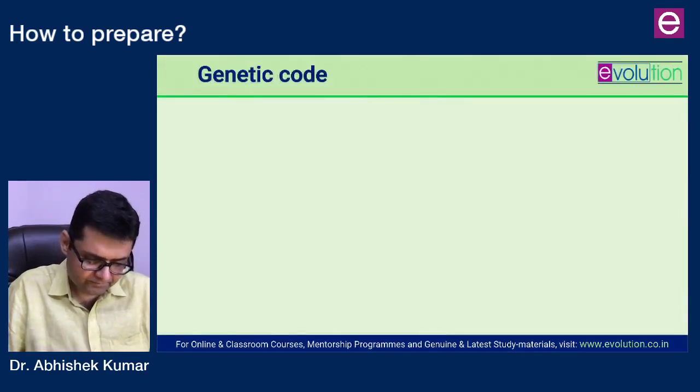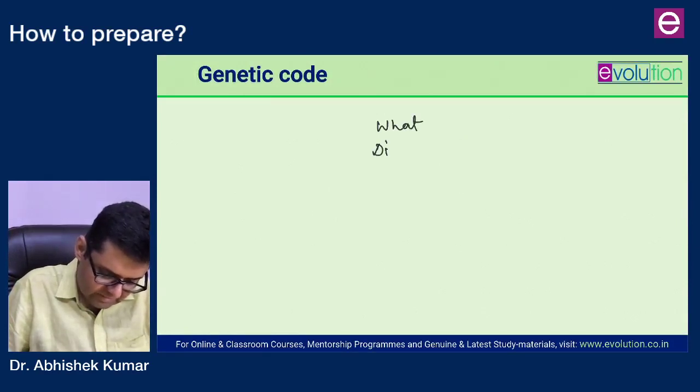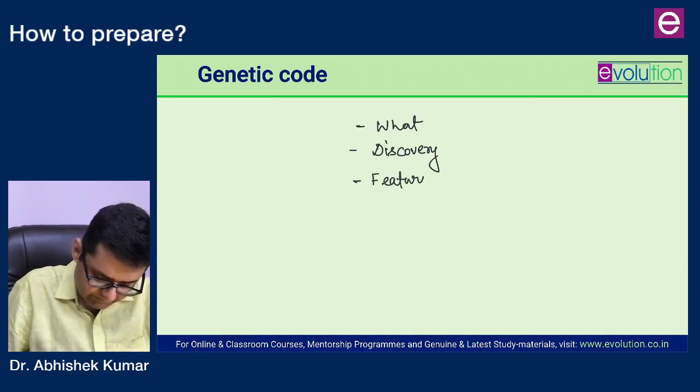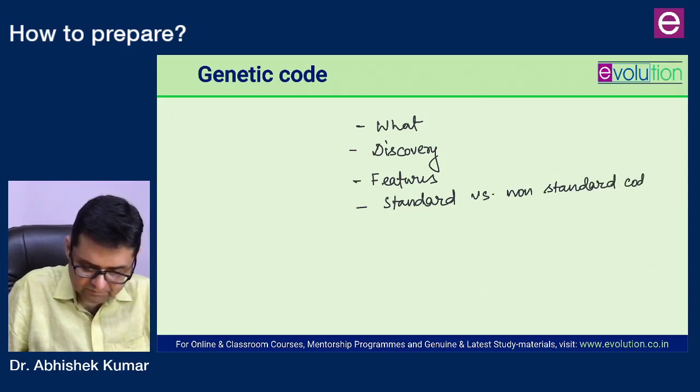Next one is genetic code. It's a short topic. So what is genetic code? Its discovery, the Hargobind Khurana experiment, then its features, then standard versus non-standard codes.